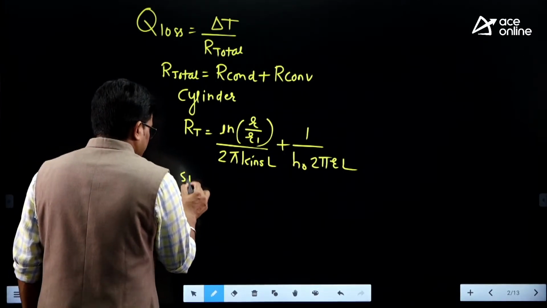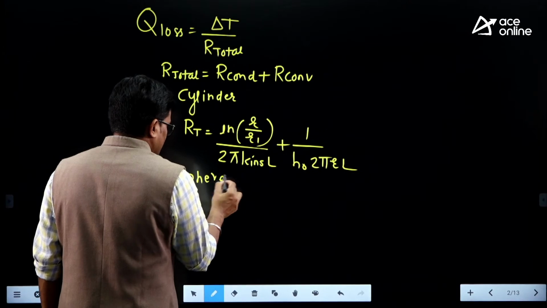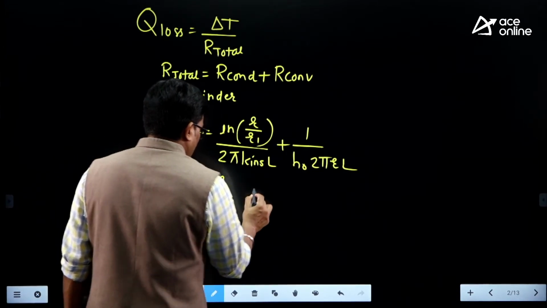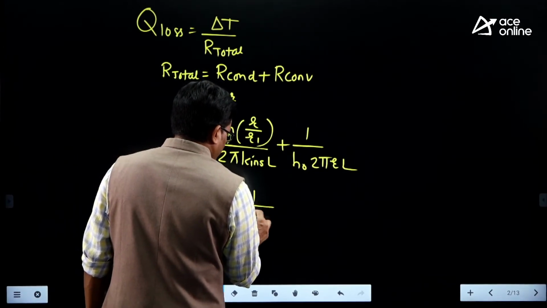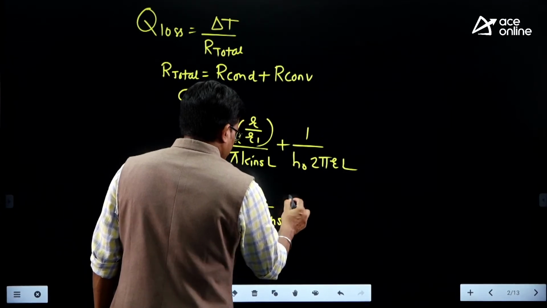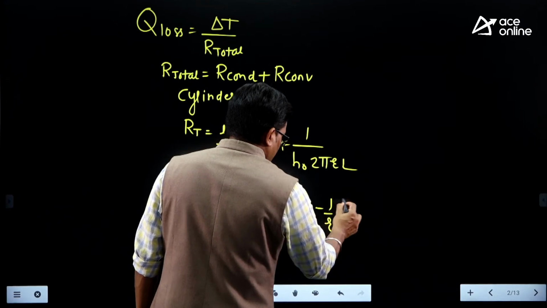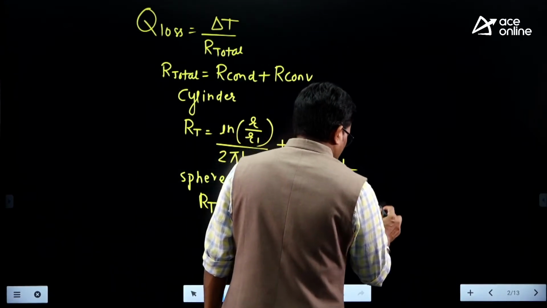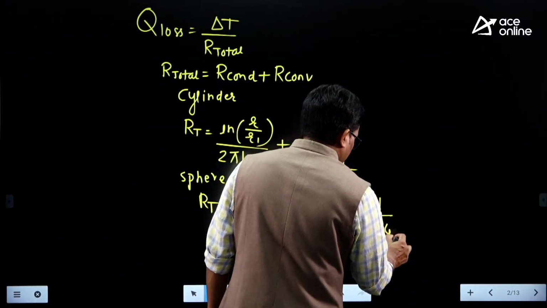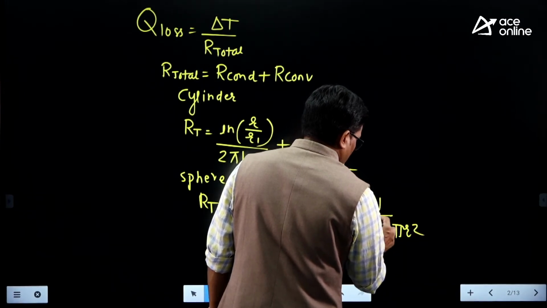If it is a sphere, then this R total is equal to 1 by 4 pi K insulation times (1 by R1 minus 1 by R), plus 1 by h outside 4 pi R square.